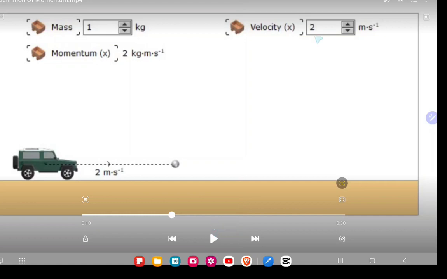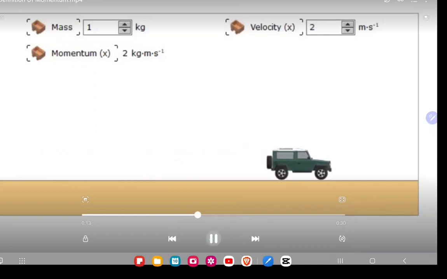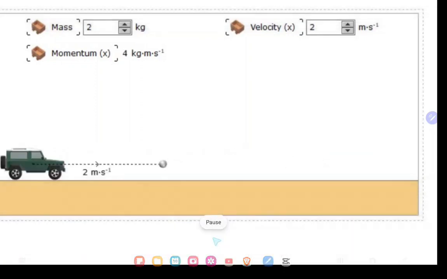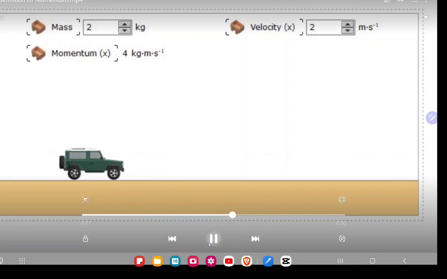Now, increasing the velocity to 2, the linear momentum becomes 2 kilogram meter per second. Changing the mass into 2, the linear momentum will be mass times velocity, 2 times 2, it's equal to 4 kilogram meter per second.